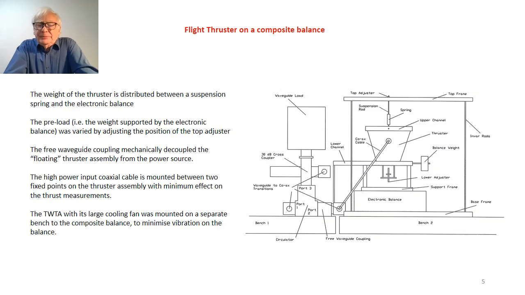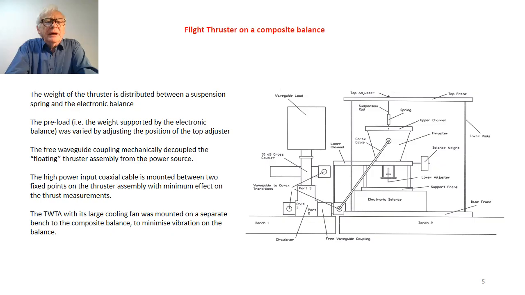The other important point, of course, is that the thruster itself must be effectively free to move, therefore it mustn't be constrained by the input circuit supplying the power. And we've already mentioned that we use something which I've termed a free waveguide coupling.